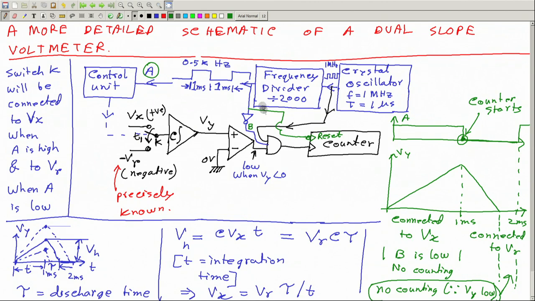This will ensure that at this falling edge, when the counter starts, the counter is reset. Okay. So this is a better schematic, in a sense it contains more detail.